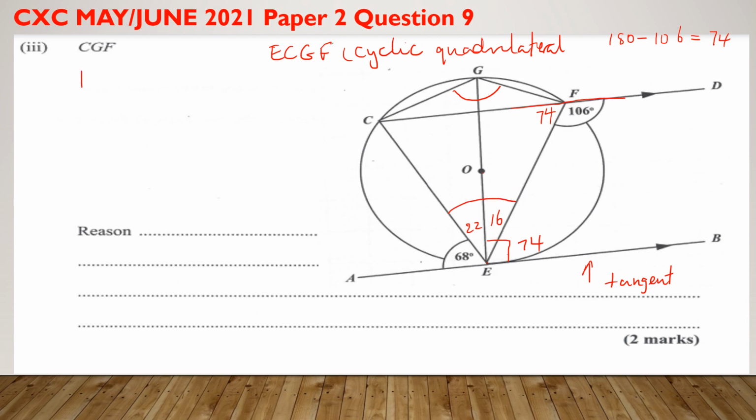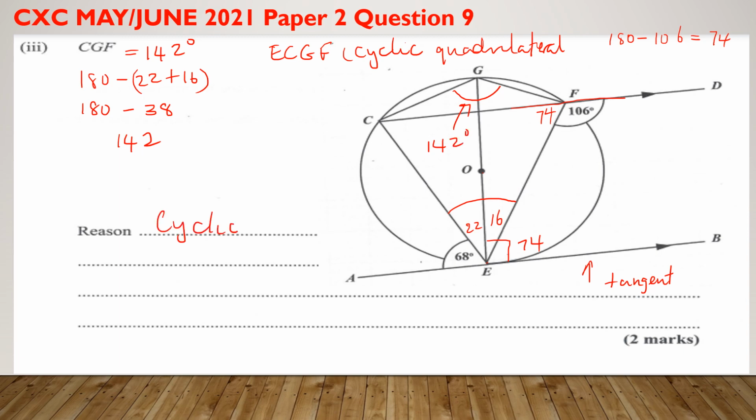So that will be 180 minus 22 plus 16. That is 180 minus 38, which is 142. So this is 142 degrees. And the reason is it's a cyclic quadrilateral. Or sorry, I should say angles in a cyclic quadrilateral.